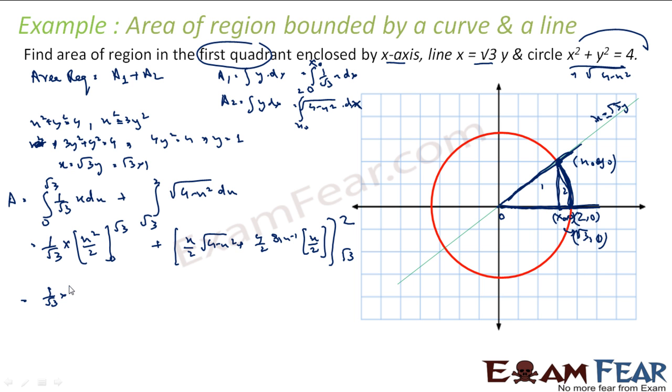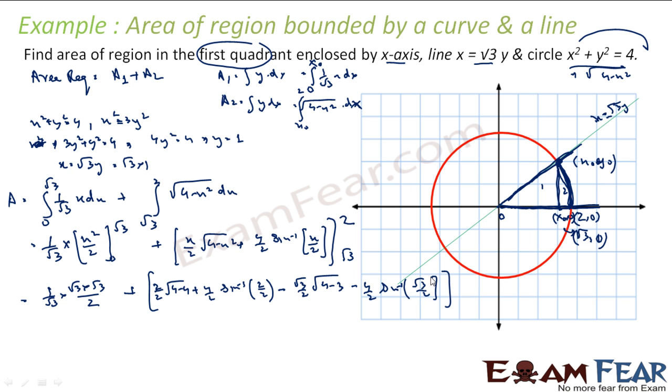So this becomes actually 1 by root 3 into root 3 into root 3 by 2 plus this guy, you have to solve, it's 2 by 2 root 4 minus 4 plus 4 by 2 sine inverse 2 by 2 minus, here is root 3 now, root 3 by 2, root 4 minus root 3 square is 3, minus 4 by 2 sine inverse root 3 by 2. That is what you get.